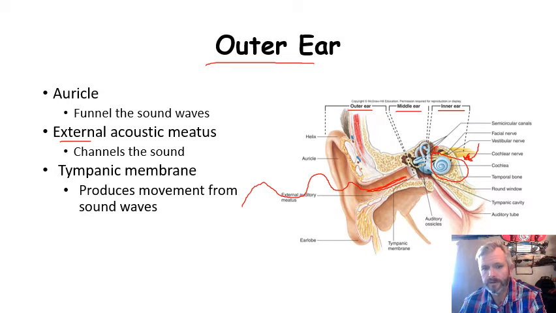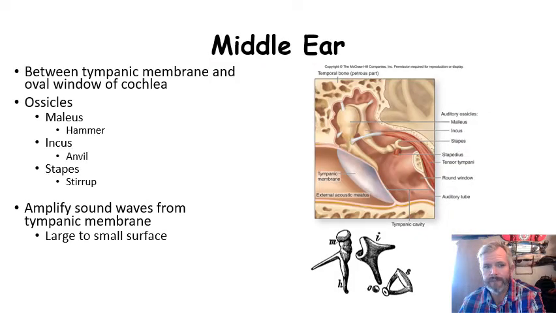And it's going to funnel the sounds onto the tympanic membrane, or your eardrum, commonly known. The sound waves hitting the tympanic membrane are going to cause vibrations on the tympanic membrane. The tympanic membrane is basically the border between the outer and the middle ear.